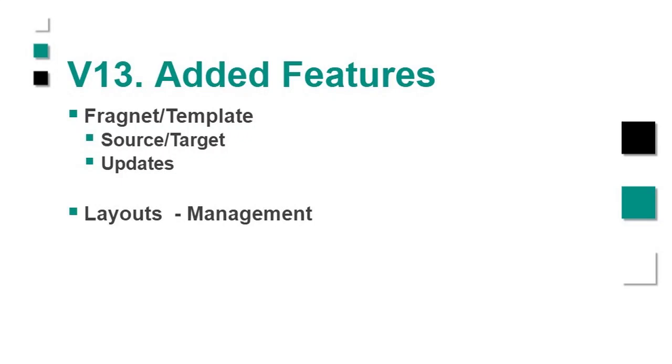In our previous version of Loader, maybe within 2 to 3 years, we've had the ability to copy a whole project. Okay, so that's like a template, but the whole thing. So what we're adding with this fragment template is a component of a project. Like a WBS or multiple WBS layered together, that sort of idea is what we've added to it. So I'm going to show you how that works.